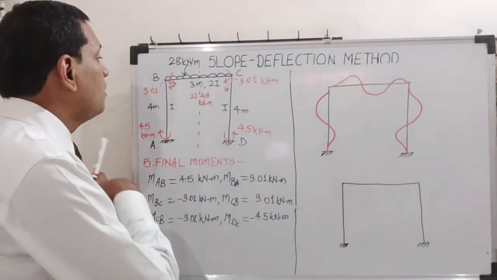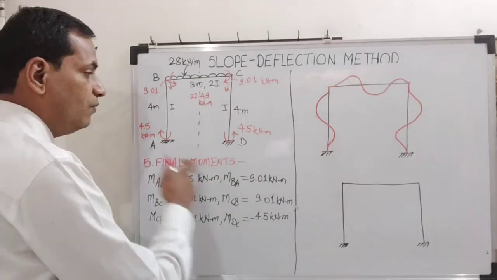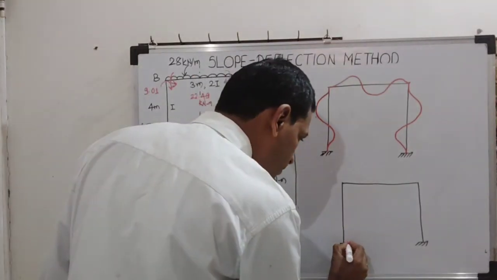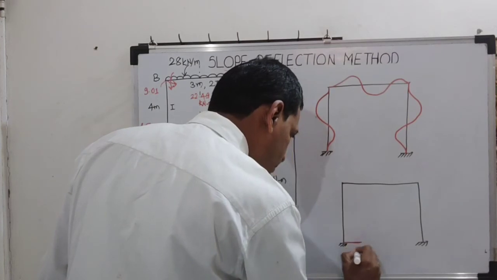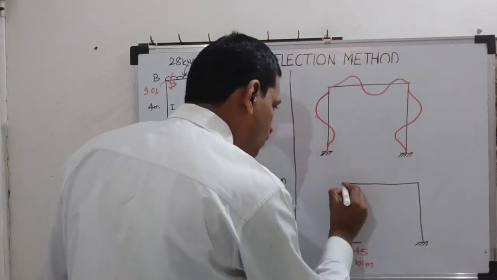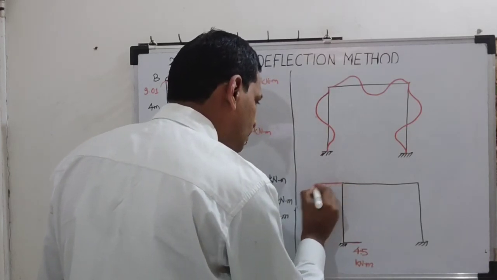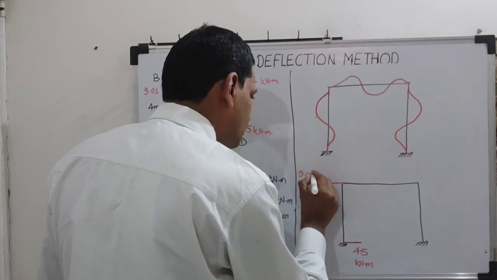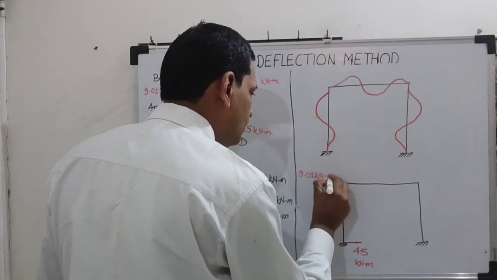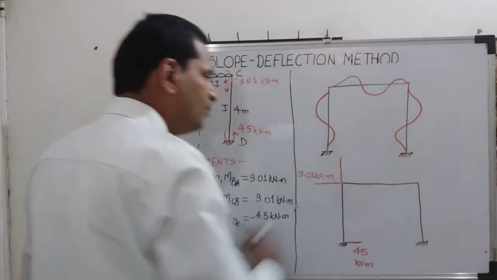So 4.5 will be on right hand side. Then 9.01 here on left hand side. Here the 9.01 value above the beam.